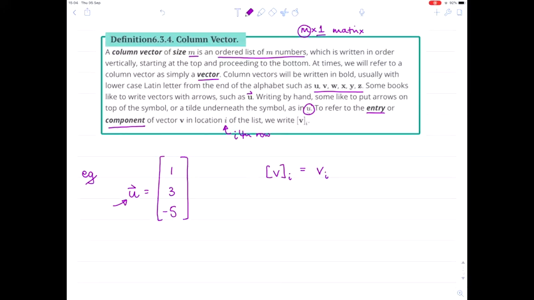So if we look at our example vector over here, we've got u1 is just 1, because we work indexing down the vector. u2 is equal to 3, and u3 is equal to -5. This is simpler, because we only have a single index for each element. This is why we think about vectors as being not exactly the same as matrices, although they are. It just helps us with the notation.